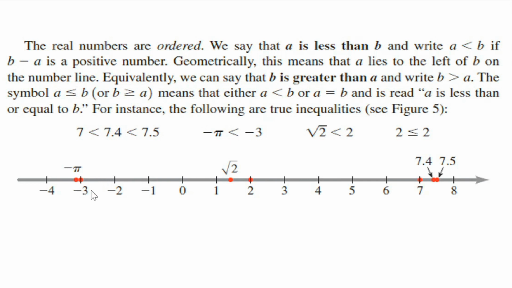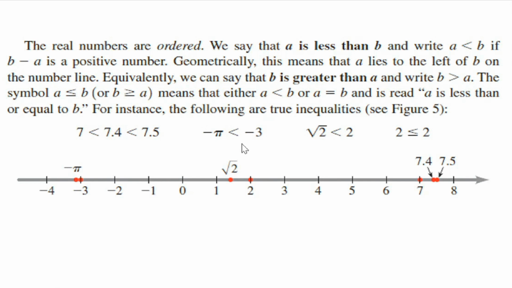Therefore, negative pi is to the left of negative 3 because a negative number closest to 0 has a bigger value. For example, negative 1 compared to negative 2. Negative 1 has a bigger value compared to negative 2. Or could I say that negative 2 is less than negative 1?